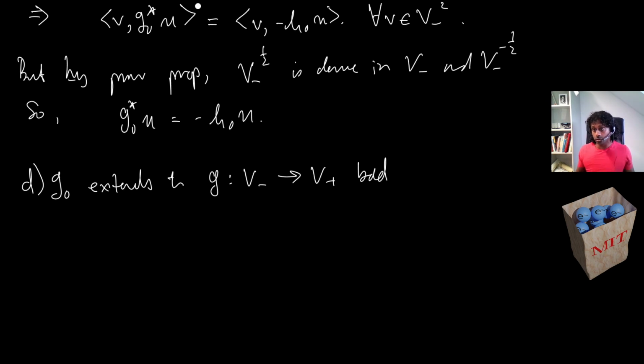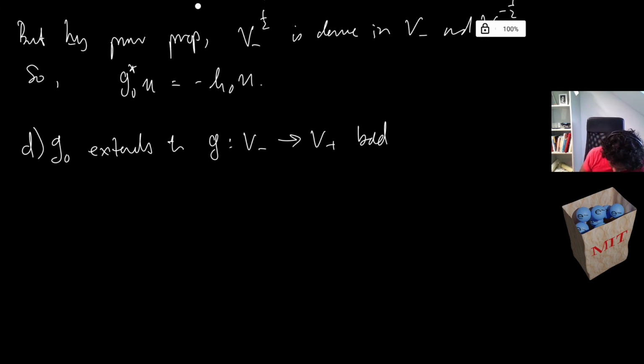So there's not so many ways of obtaining the G. So ideally we'd like to obtain the G through interpolation. So in order to do that, we need to know that we can interpolate these spaces V plus minus to get what we want. Okay, so we do this by interpolation.